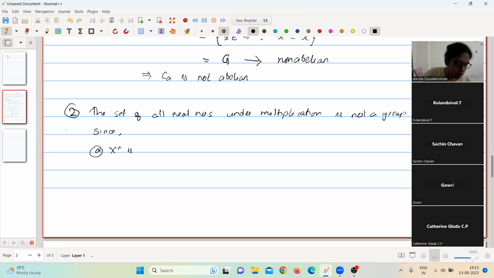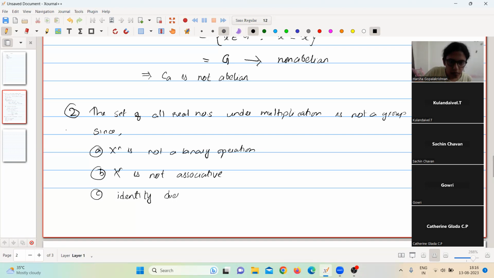The first option: multiplication is not a binary operation. The second option: multiplication is not associative. The third option: identity does not exist. And the fourth option: 0 does not have an inverse.